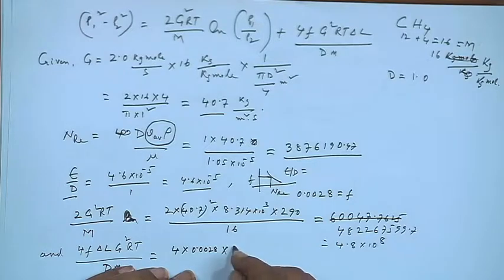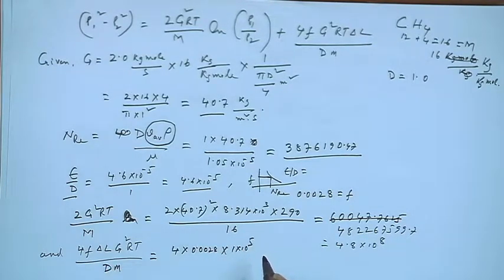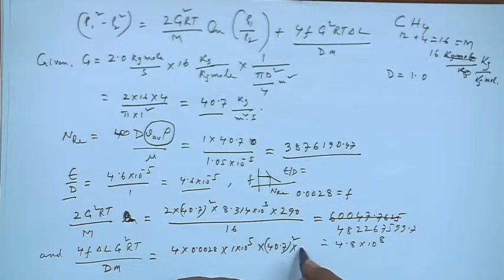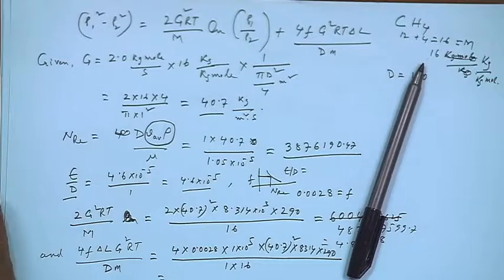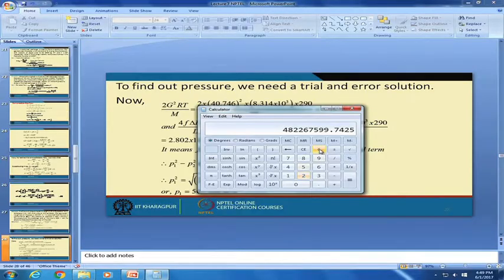It is 1 into 10 to the 5 meter into G square, 40.7 square, into R, 8314, let us take this way, into 290 T divided by diameter, taken as 1, and molecular weight is 16.